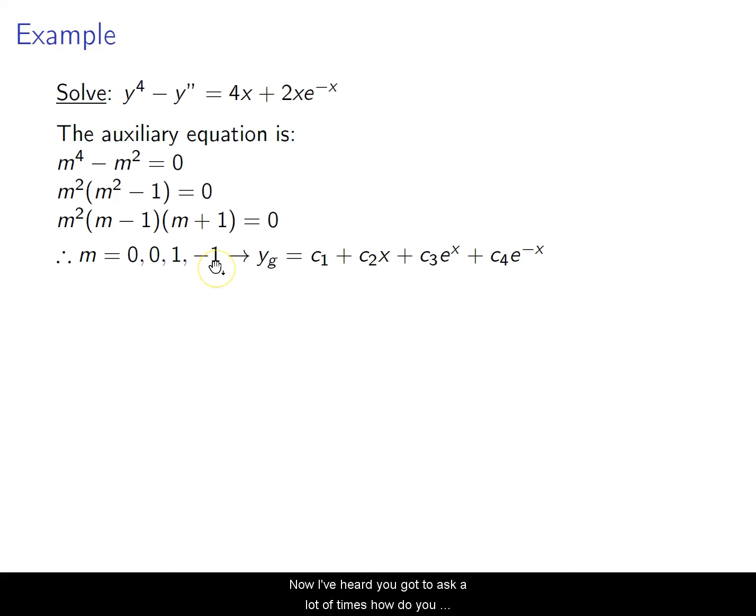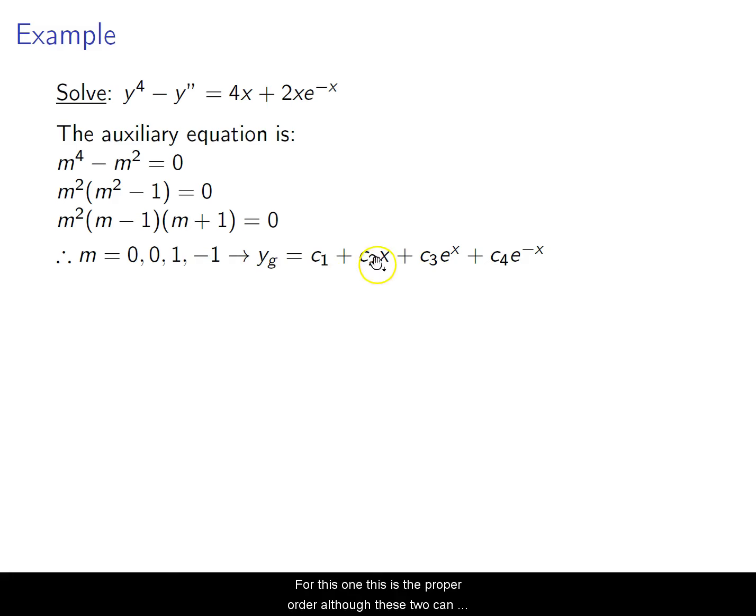Now, I've heard you guys ask a lot of times, how do you know the order? It doesn't really matter the order, okay? These two are paired together because of the multiplicity here. These ones I could have written in any order, it doesn't matter, but we generally would like to write the constants and the multiples of x, the polynomial forms first, and then the exponential forms generally come last, and then the sines and cosines, if they appear, are after that, okay?